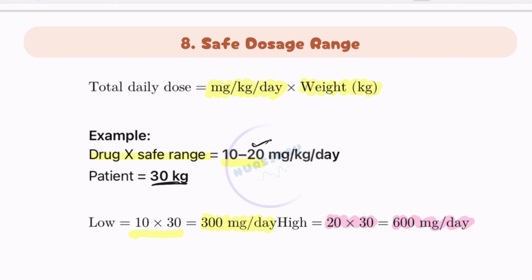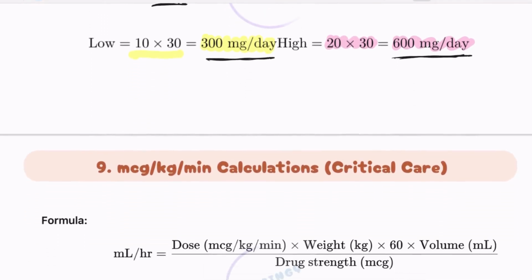So now we know the patient can have medication between 300 mg to 600 mg per day. Okay, let's move to the next one.